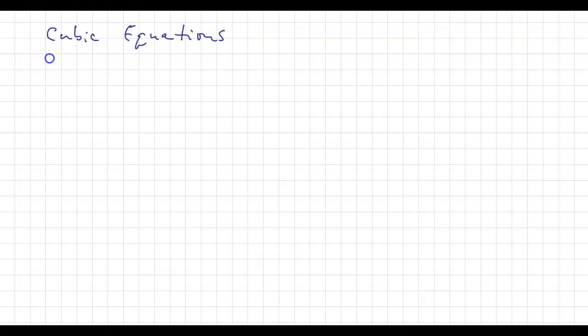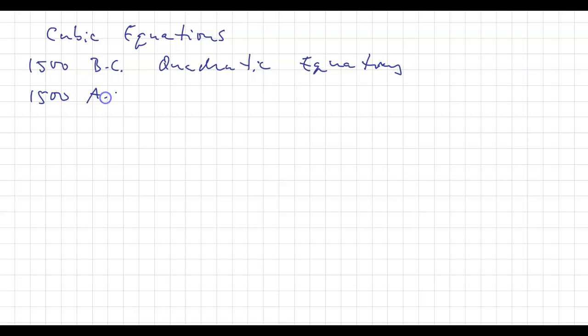Well, in mathematical history, they figured out how to solve quadratic equations back in 1500 BC. But cubic equations were not cracked until 3,000 years later.